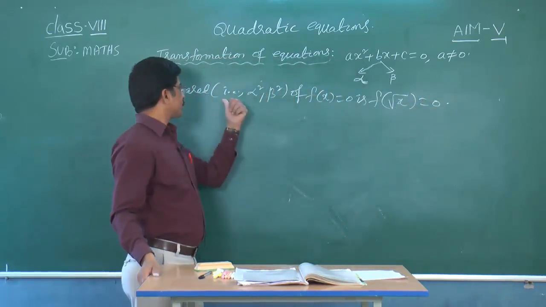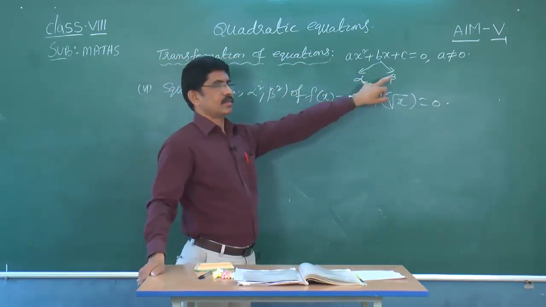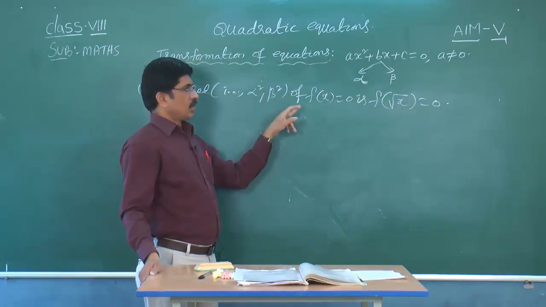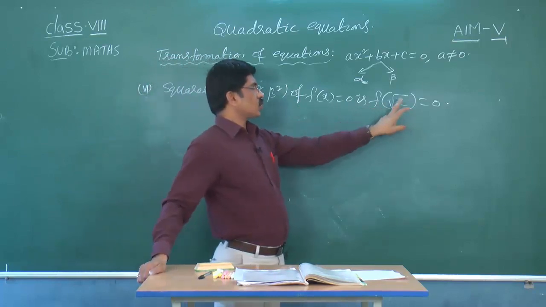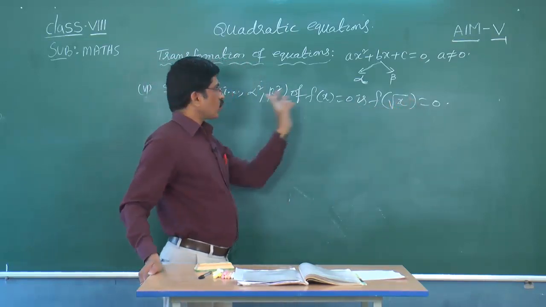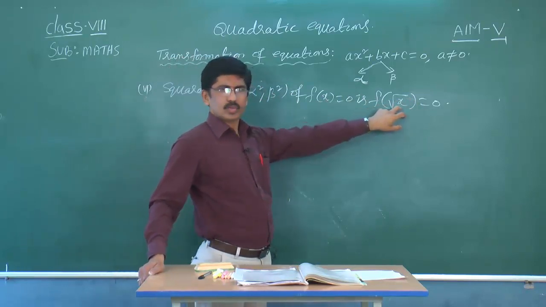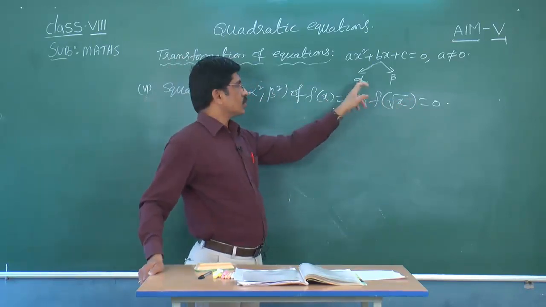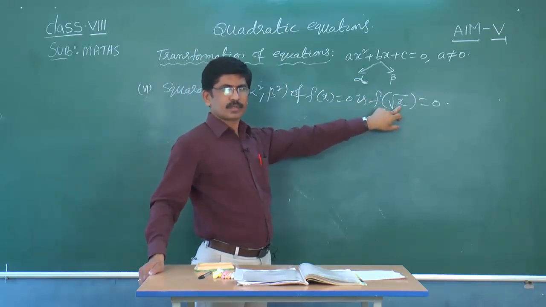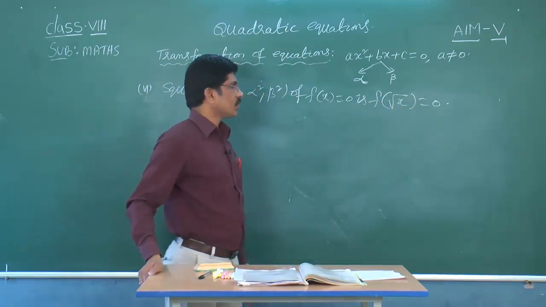See here, roots are squared, that is alpha square and beta square. Then the required equation is f of square root of x is equal to 0. When roots are squared, we take under root of x. It is very, very important.